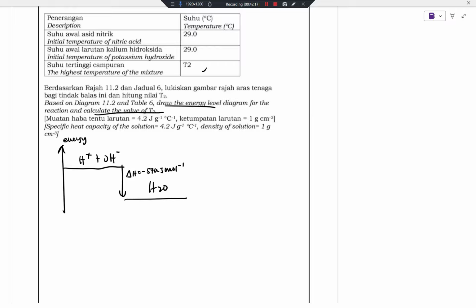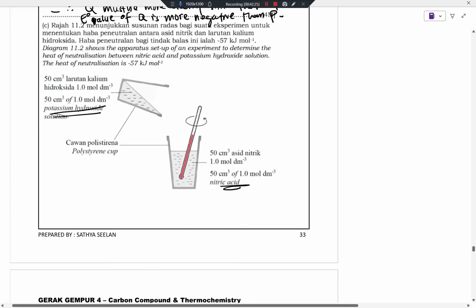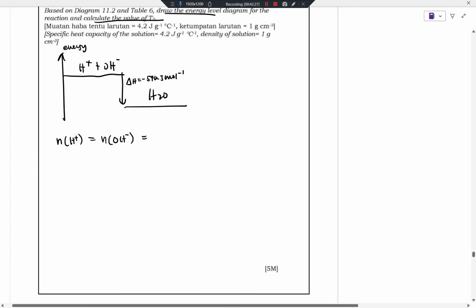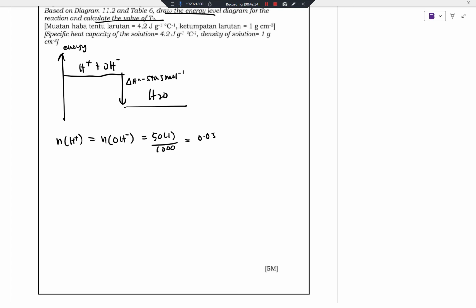Okay, first we need to find the moles. Number of moles of H+ is equal to number of moles of OH-, which is MV over 1000. So 50 times 1 over 1000 gives 0.05 mole. Then delta H is equal to Q over n, so delta H is equal to mc theta over n.